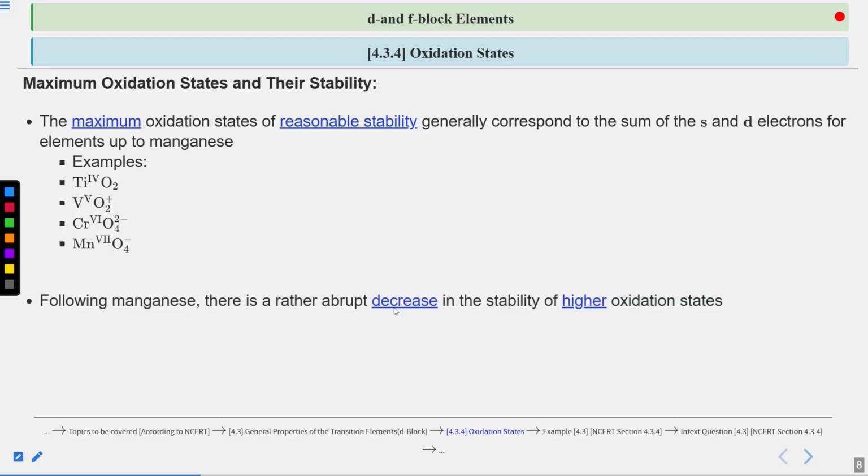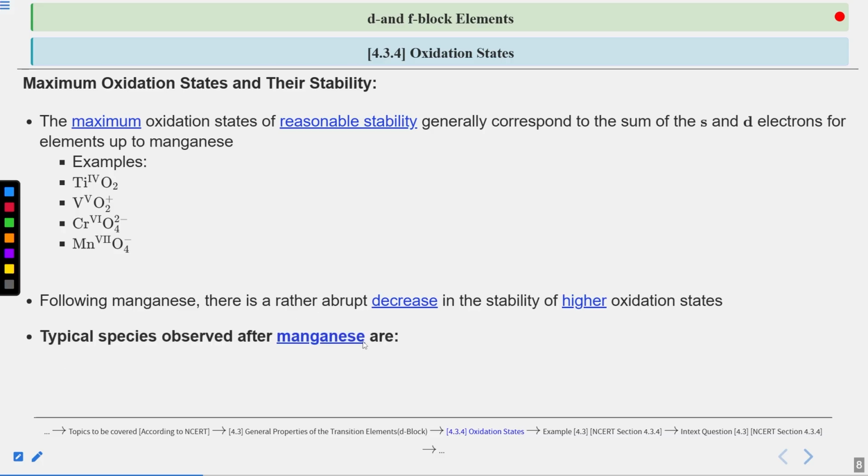Following manganese, there is a rather abrupt decrease in the stability of higher oxidation states. The elements coming after manganese have a decrease in the stability of their higher oxidation states.